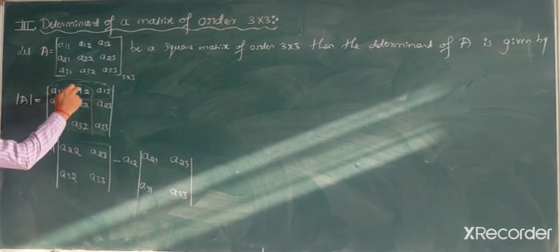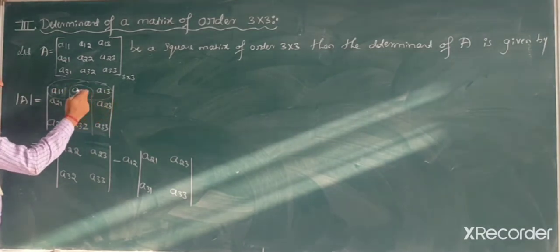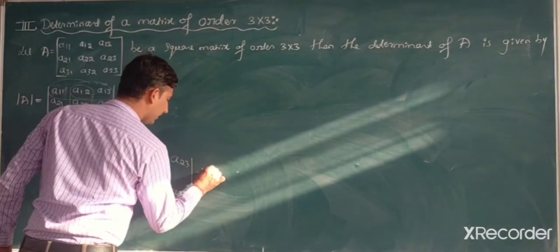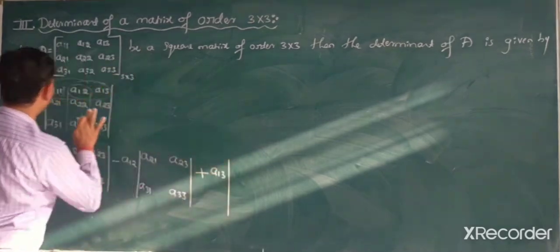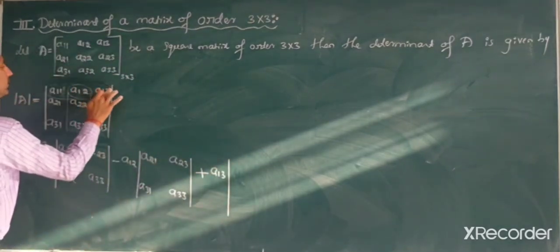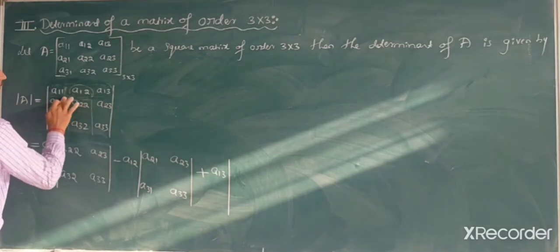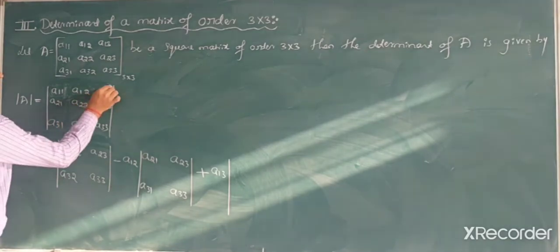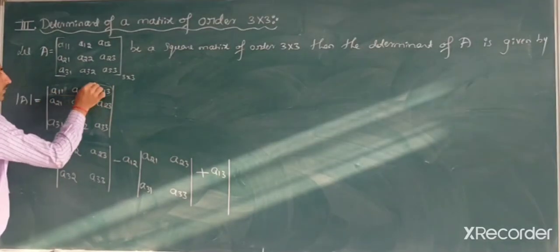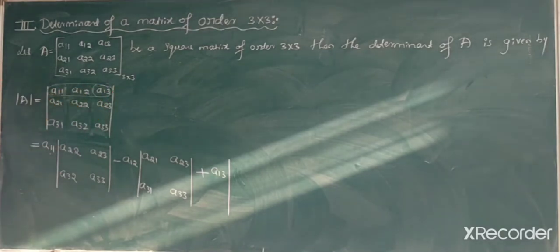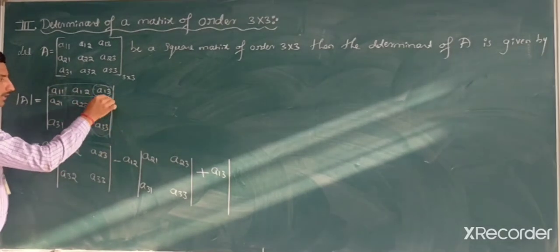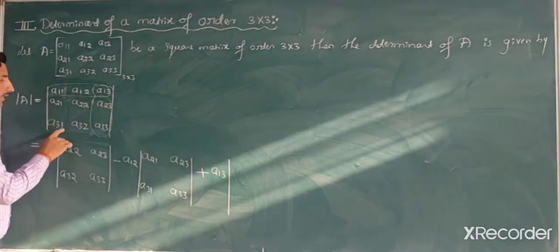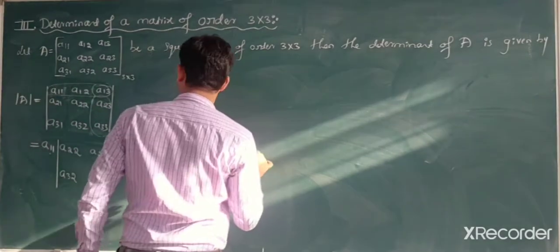Eliminating the column and row of A12, we have A21, A23, A31, A33. After that, A13: here there will be no entries in its own row and column. Just observe, this is what you have to eliminate because of this element, and the remaining values are A21, A22, A31, A32.